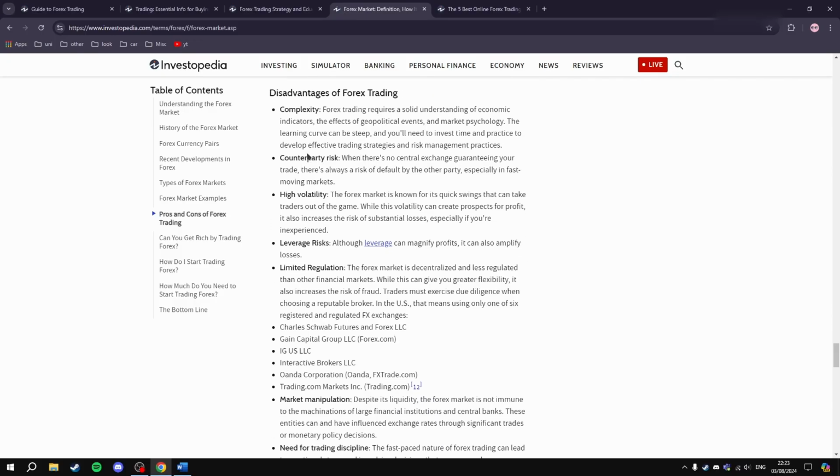Disadvantages of Forex trading. Complexity. Forex trading requires a solid understanding of economic indicators, the effects of geopolitical events, and market psychologies.